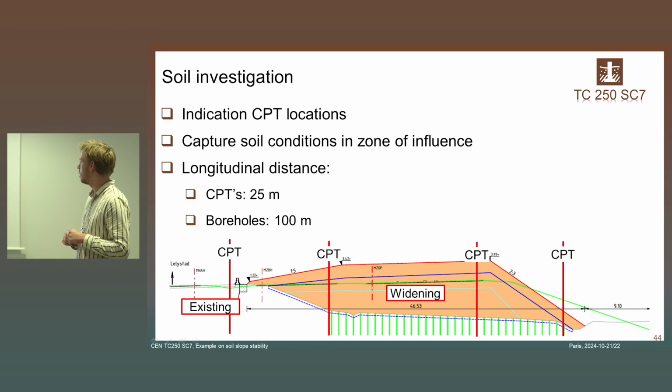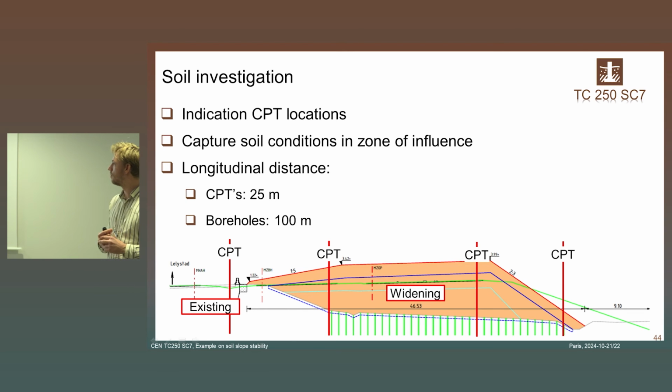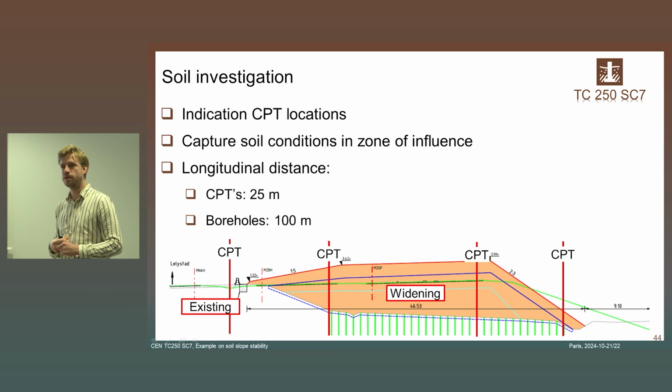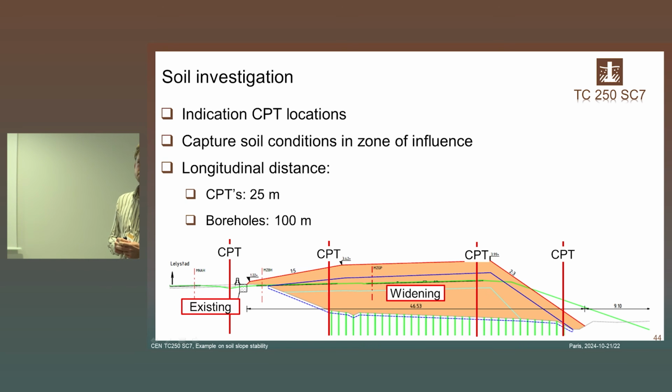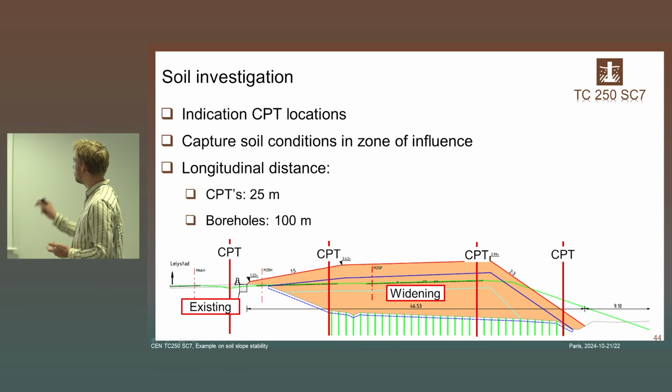Then more specific, along the highway, which was multiple kilometers, CPTs were performed around every 25 to 50 meters, which is quite a normal center to center distance for infrastructure in the Netherlands. Boreholes every 100 meters. So here you can see a part of the highway and the widening again.